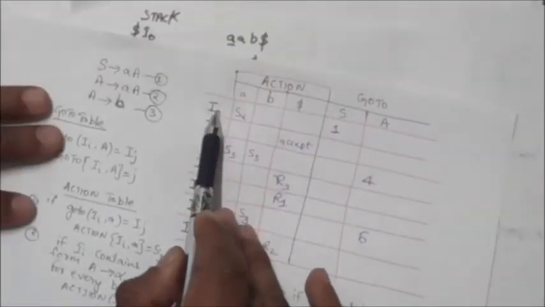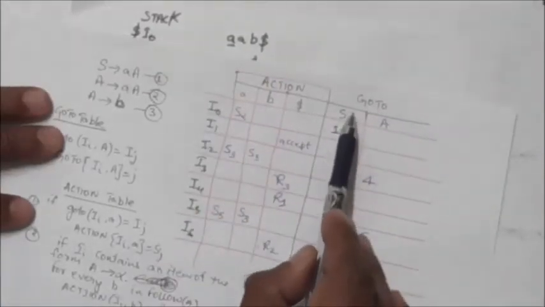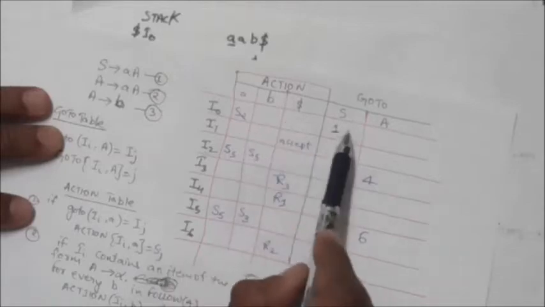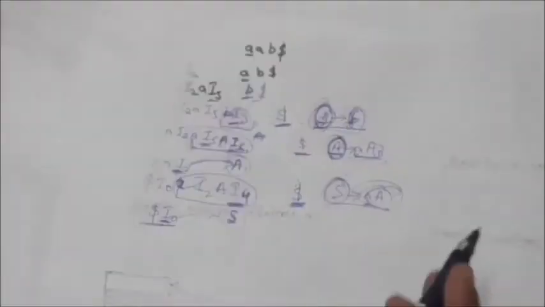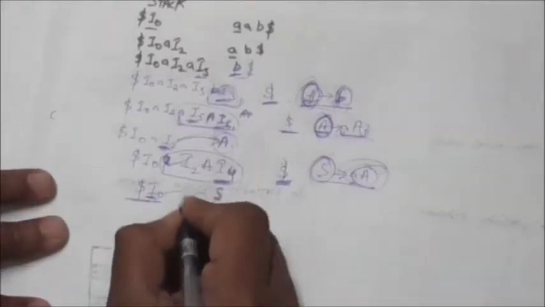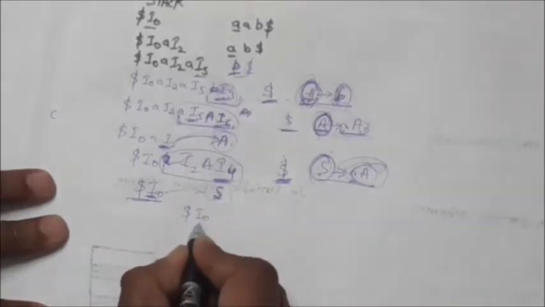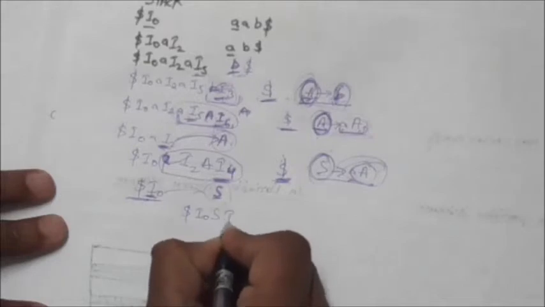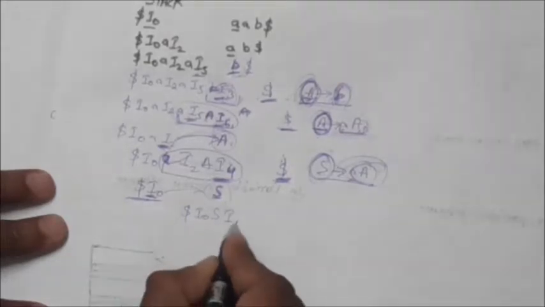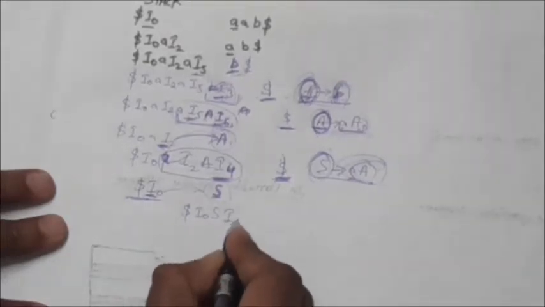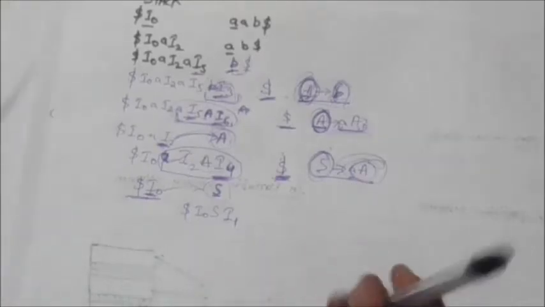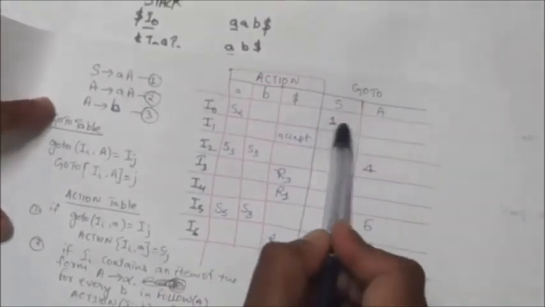So at row labeled by I0 and column labeled by non-terminal symbol S, at that entry it is written 1. So it means this S will be pushed in the stack, and after that we will write the state I1, because at row I0 and column S, it is written 1.